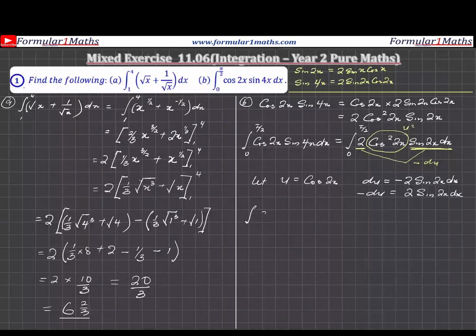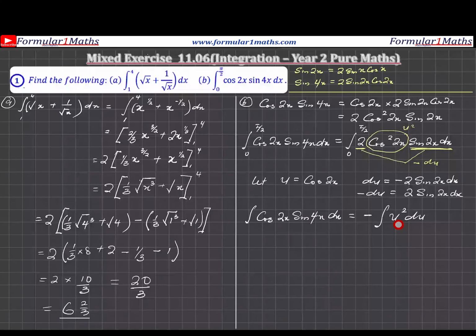The integral of cos 2x sine 4x dx will be equal to minus the integral of u squared du. As we explained, the u squared replaces cos squared 2x, and then minus du replaces 2 sine 2x dx. And now we can integrate this easily.